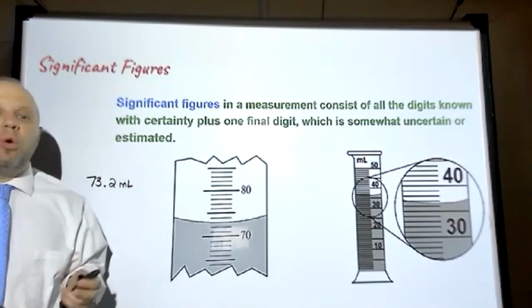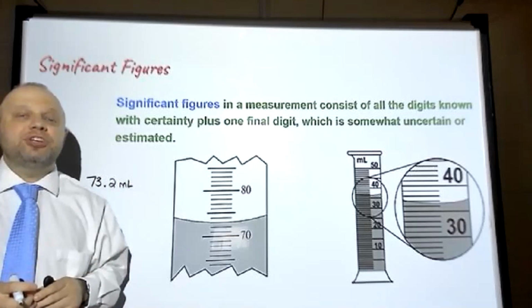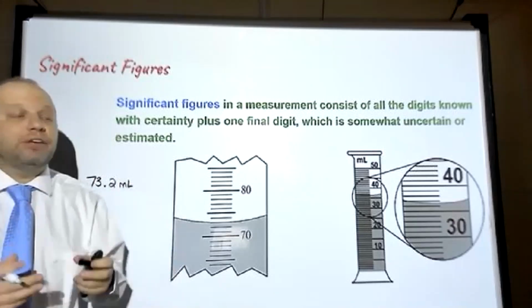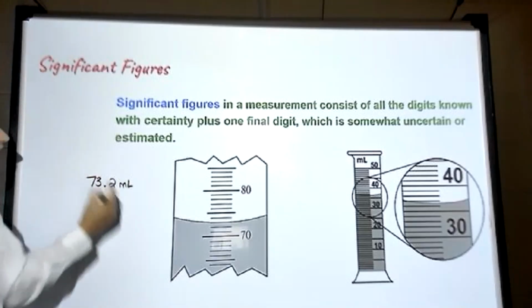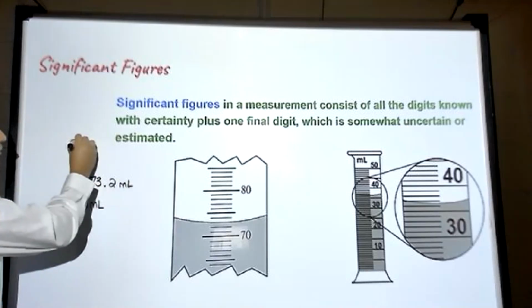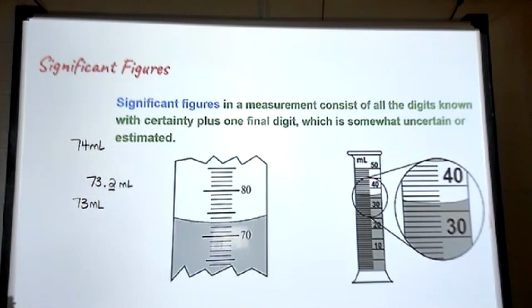We are adding that one estimated digit. Now, in order to add that one estimated digit, you need to know exactly where 73 is and where 74 is, and realize that it falls closer to the 73 milliliters and further away from the 74 milliliters. This part is our estimated digit.